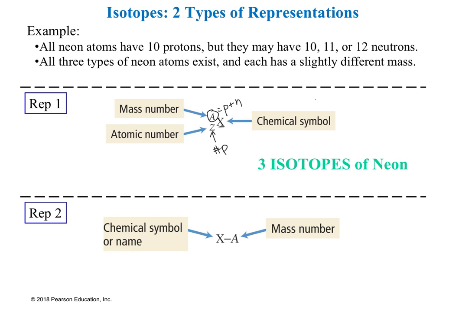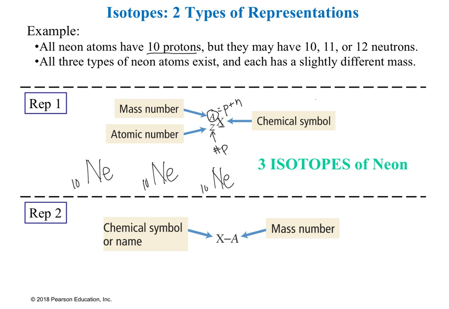So for neon, there are 3 different isotopes. If we look at a periodic table, and I encourage you to get one out, we can see that neon has 10 protons. Its atomic number is 10. So all of these would have neon written, and it would have a 10 as its little subscript here.